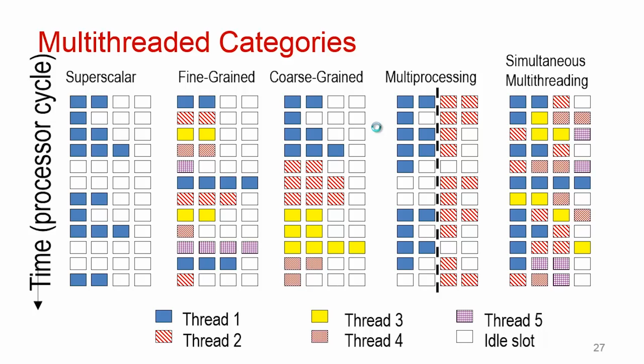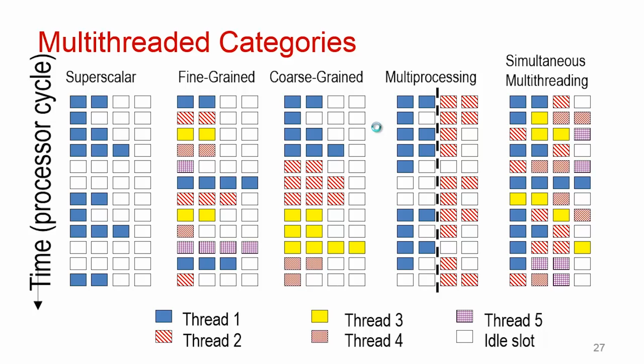Now, compared to a superscalar architecture, if you try to exploit thread level parallelism, you go in for fine-grained multithreading. What happens here is, you know that you are executing multiple threads of execution, but every clock cycle you are only looking at issuing instructions from one particular thread, and you switch the thread context every clock cycle. In the first clock cycle, instructions from the first thread, the blue thread, are issued.